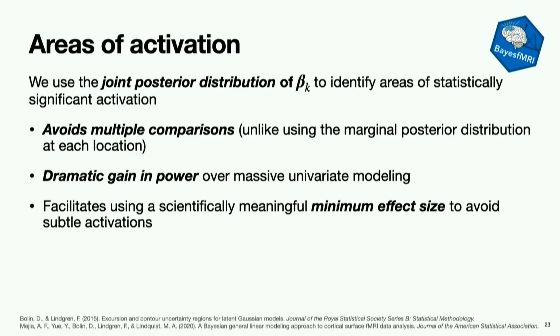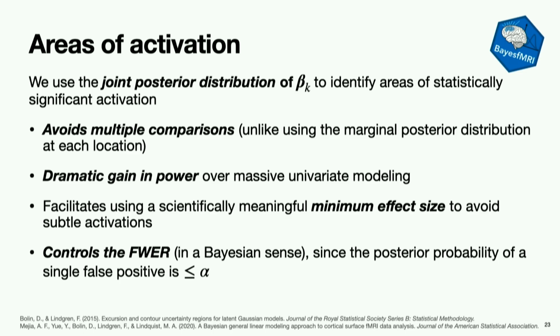Because we have such high power, we can also specify a scientifically meaningful minimum effect size to avoid just detecting very small activations. And in a Bayesian sense, the procedure that we develop controls the family-wise error rate, since the posterior probability of a single false positive is controlled at less than or equal to alpha.